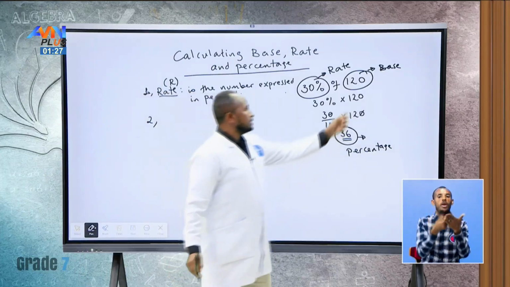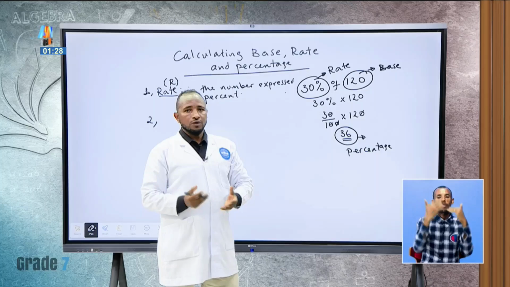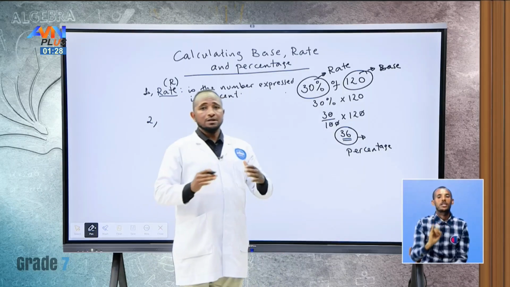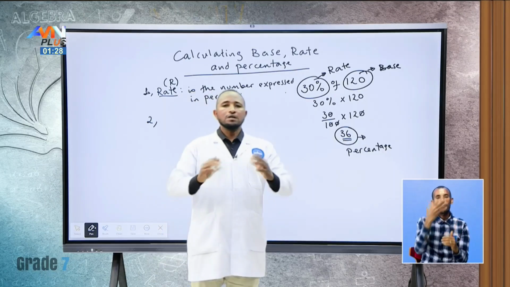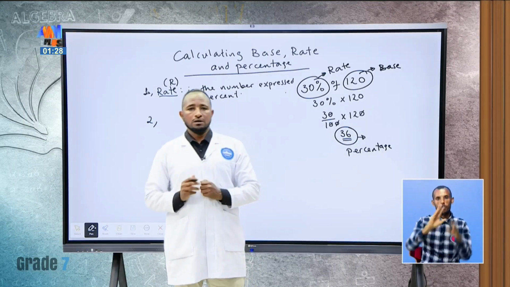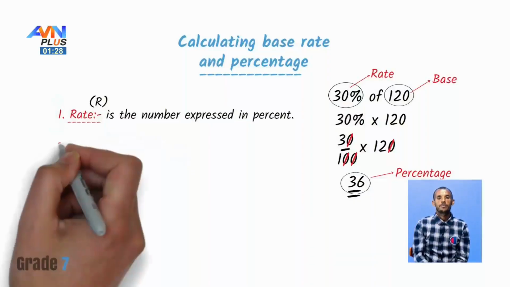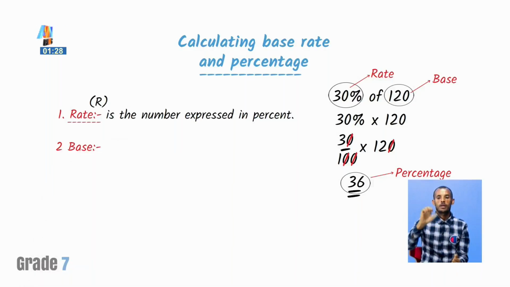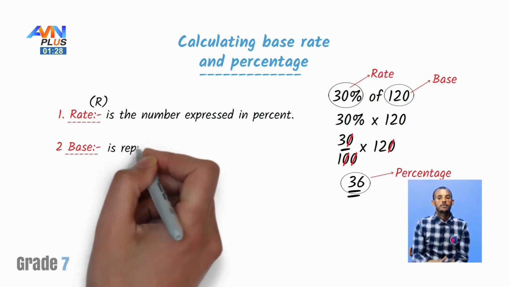Again, here, this one is a total quantity. So the total quantity, we call it the base. Base represents the total quantity, or it represents 100% of a given quantity.